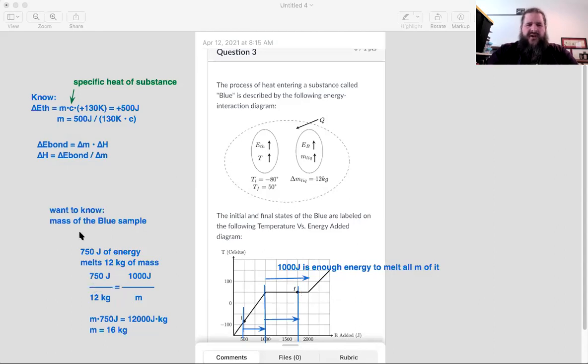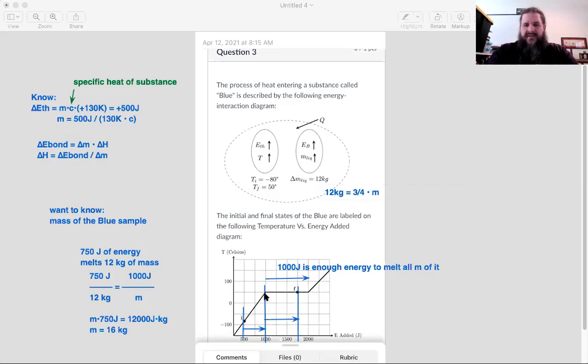Yeah, again, it's a complicated looking setup, but once you get to the proportion, the algebra is pretty straightforward. And I think you can get that proportion a little more easily if you look at it in terms of ratios. The energy we're adding is 3/4 of the energy it takes to melt the whole thing. That means the amount we melted is 3/4 of the total amount. So we could shortcut this by saying that 12 kilograms equals 3/4 of the total mass.